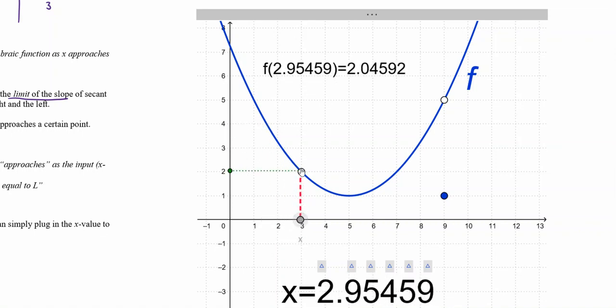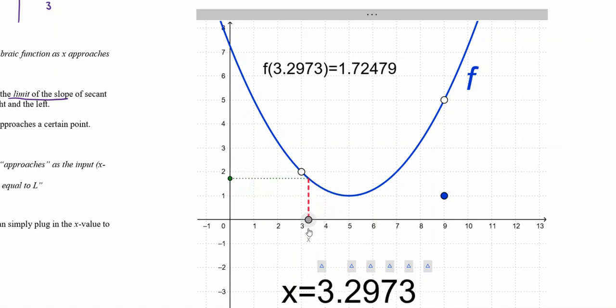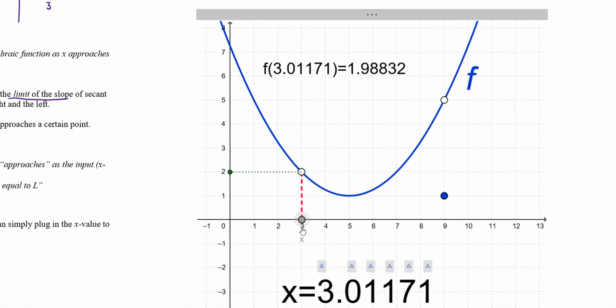We can see that as we approach that point, the value of y is getting closer and closer to what value? 2. And that'd be the same on the other side. As we get closer and closer to my x value of 3 from the right, again, it's approaching 2. So that's what the limit as x approaches 3 would be. It would be 2.